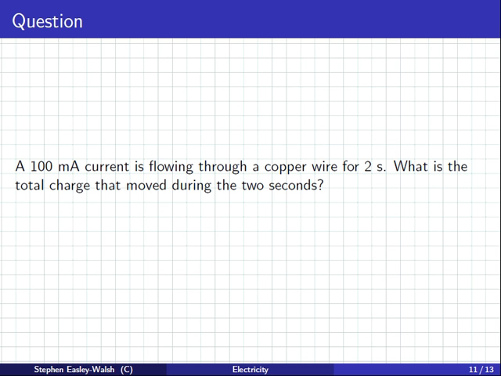Just one formula, Q equals IT. Yeah, it's so easy. Too easy.